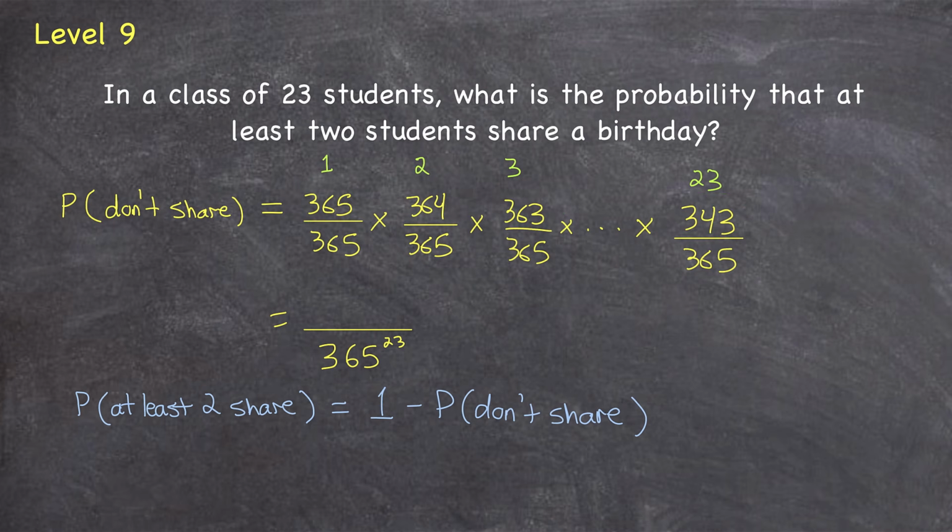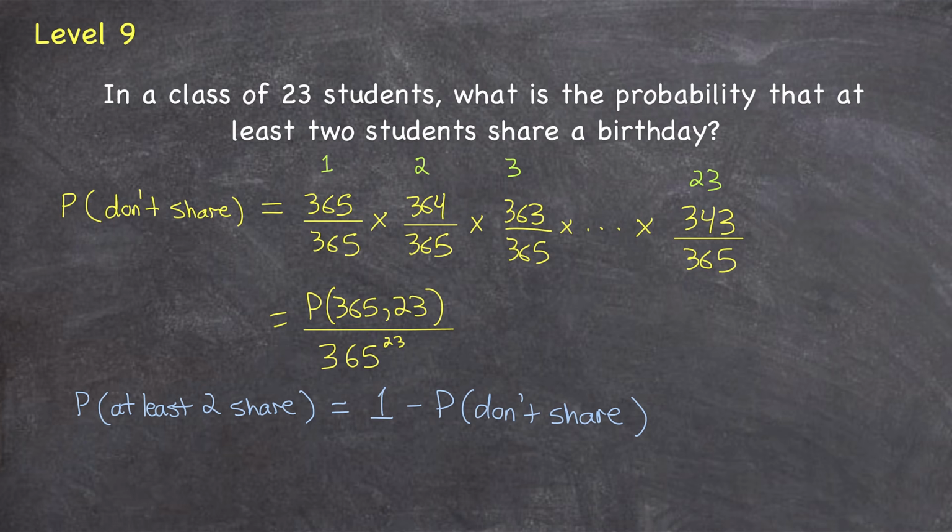What's happening with that? I'm basically finding the number of different ordered arrangements of 23 numbers I can make from a group of 365 numbers. Another word for ordered arrangements is permutations. So I'm finding how many different permutations of 365 objects taken 23 at a time I can make.